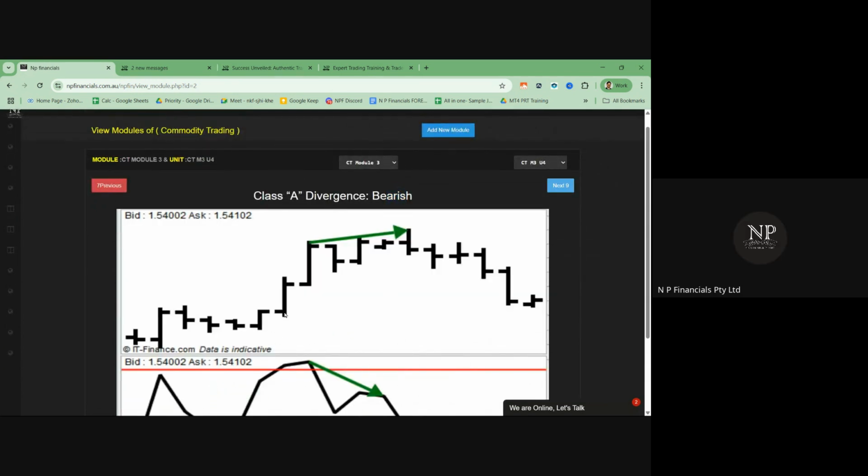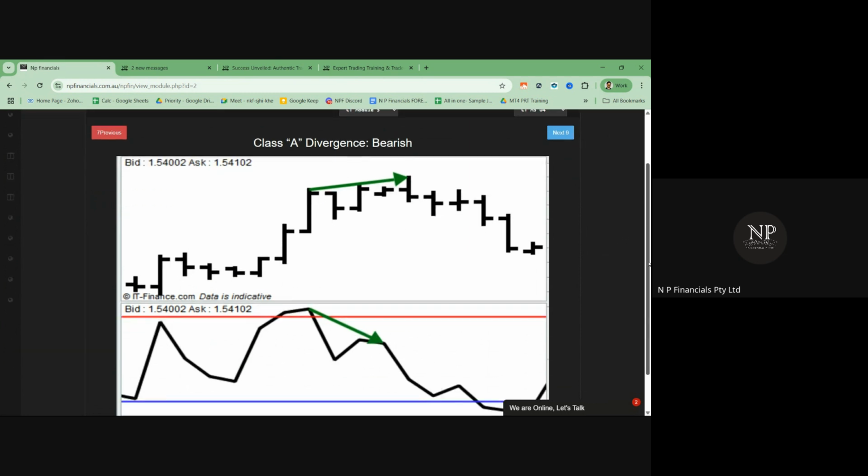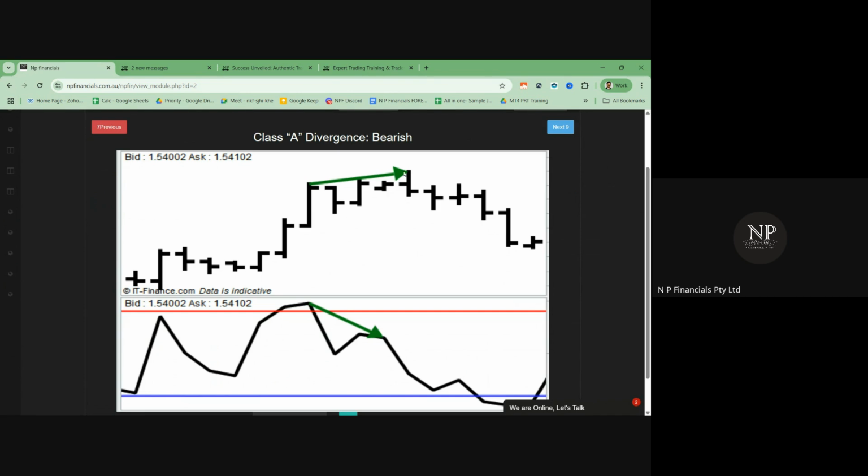This is another example. Price is making higher swing high and higher swing low. That is why it is going up. All of a sudden, price made a higher swing high compared to the previous one, but the divergence momentum line first touched the red line, which is a must. First touch must be on the red line, and the second is the momentum indicator is making a lower swing high, and then the close is below, and then this low is to be taken out.